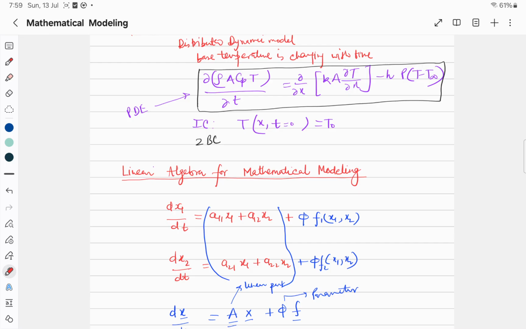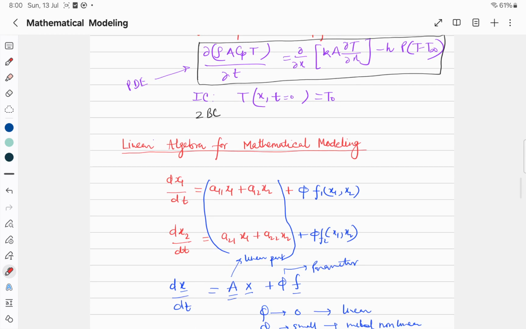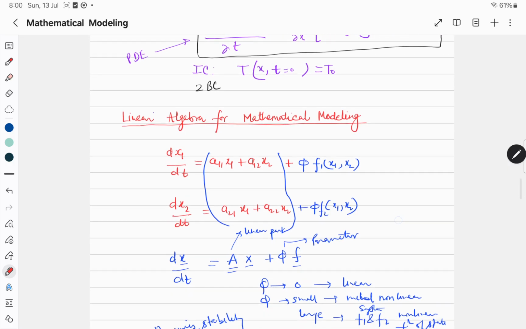So we need to discuss in that regard some basic concepts of linear algebra that must be used in this mathematical modeling. So this is a review of the concepts related to linear algebra. Now consider dx1/dt equal to a11 x1 plus a12 x2, that's the linear part, plus phi f1(x1, x2), that's the non-linear part.